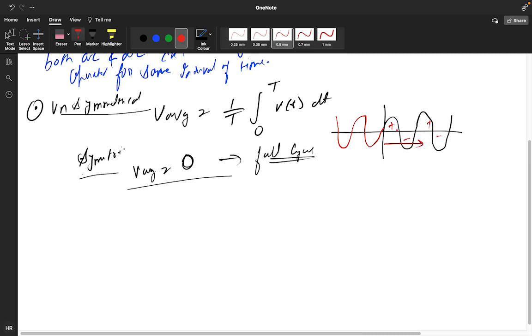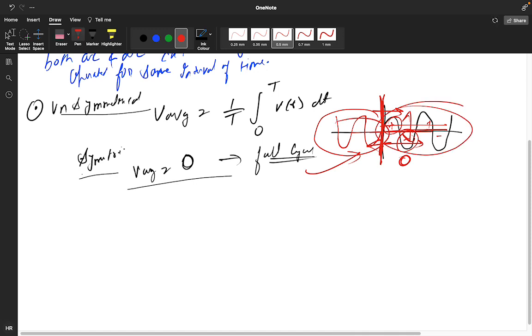So this is one cycle, and this part and this part will make it 0. For a symmetrical network it will be the same upside and downside, a mirror image. This kind of network is called a symmetrical network, and you get the average value as 0.